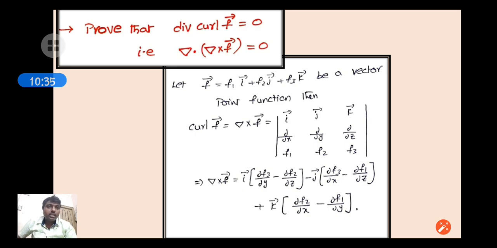Up to here I have calculated curl f bar.